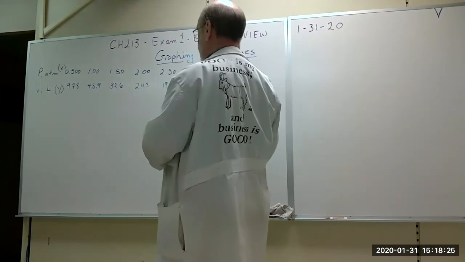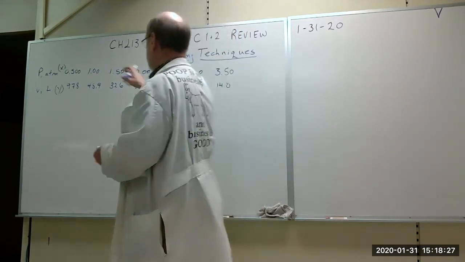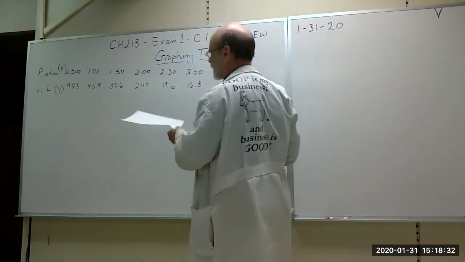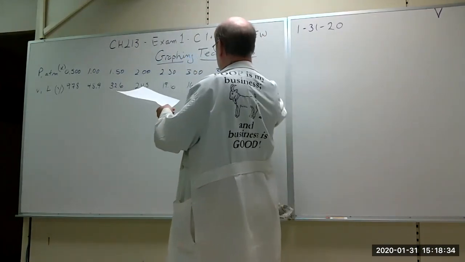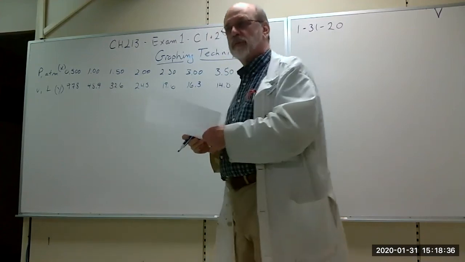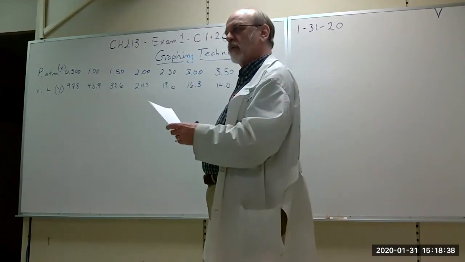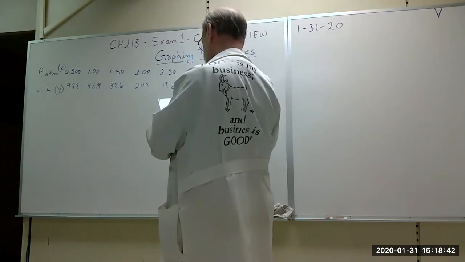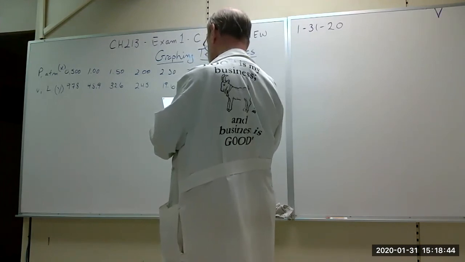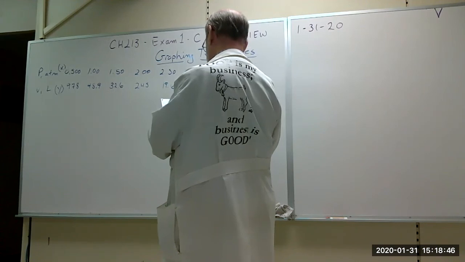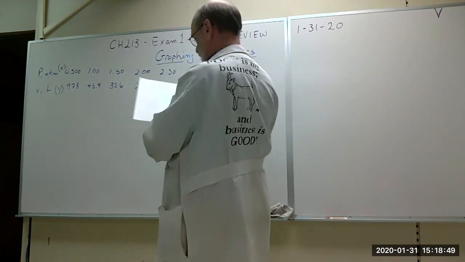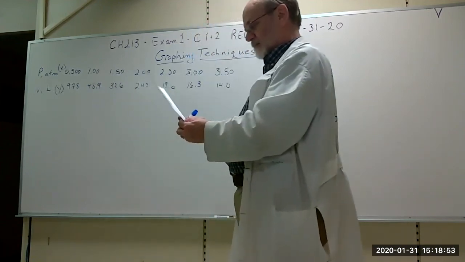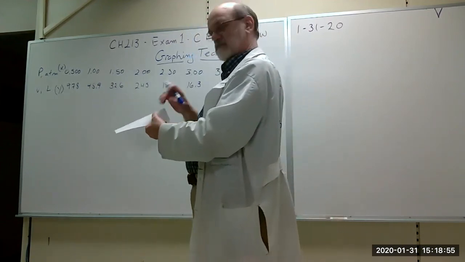So let's see what's the scale. 0.5 to 3.5. Well, let's see, if we're going from 0 origin, we'll probably go up to 4 would be a good round number to head for. So let's see, how many squares do we have? 2, 3, 4, 5, 6, 7, 8, 9, 10, 11, 12, 13, 14, 15, 16, 17. Okay, so we could go up to 17. That would include everything but the last square.